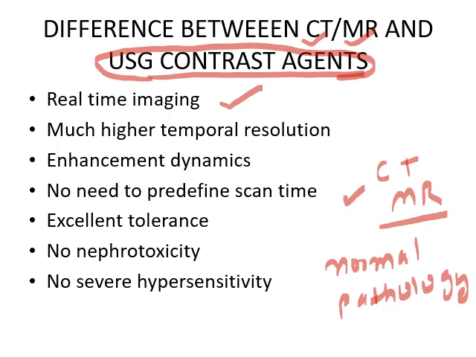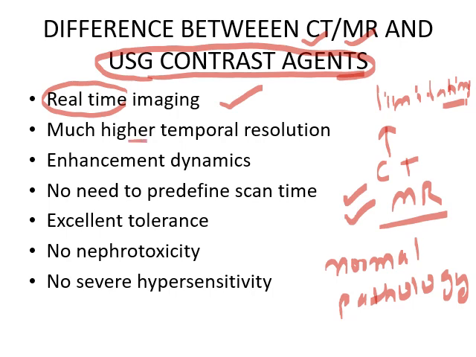But in CT and MR contrast agents, there are still some limitations. So, what are those limitations? They are not giving you a real-time picture, while USG contrast agents are. The second important thing is that they provide a much higher temporal resolution.